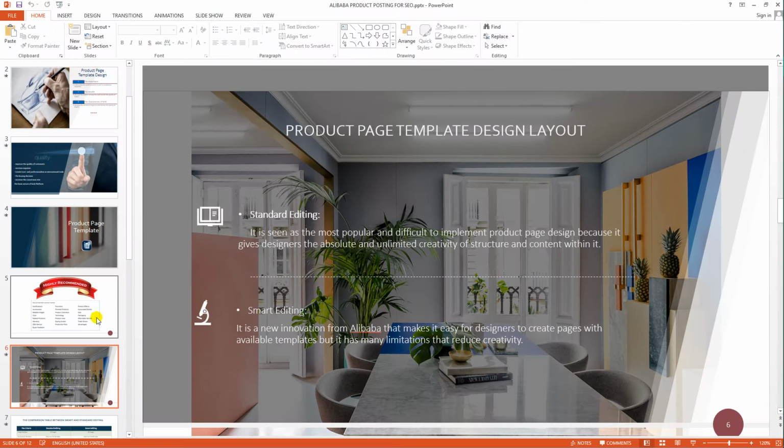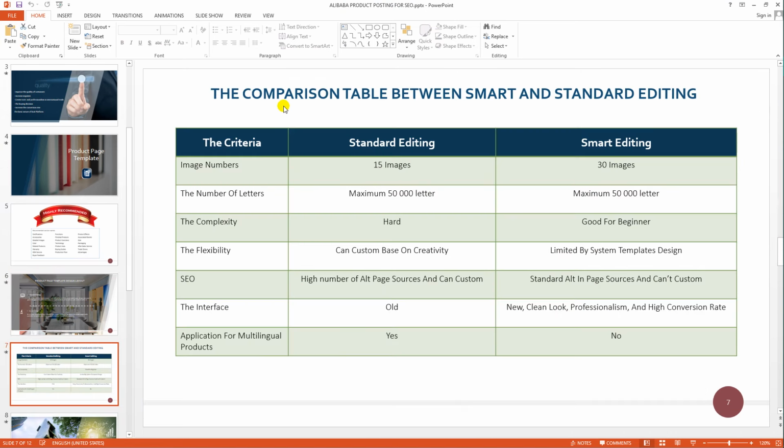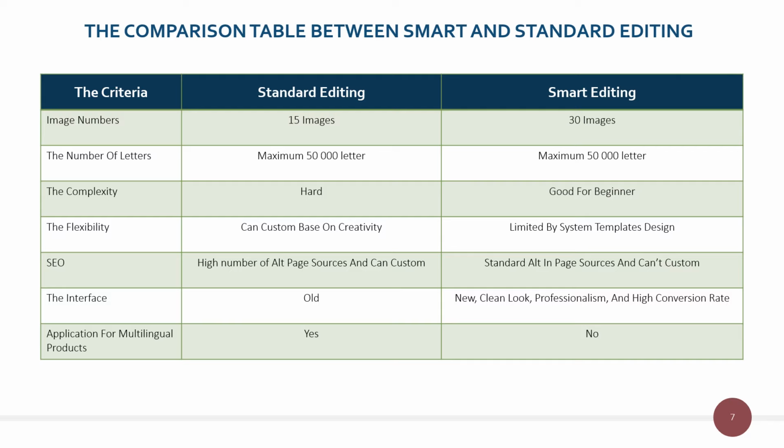Now back to our topic, I will show you the comparison table between these two types of editing, and then you can have the overall look. Okay, now we'll be back. So this has, let me count, 1, 2, 3, 4, 5, 6, 7. You have 7 criteria between these types of product page templates.